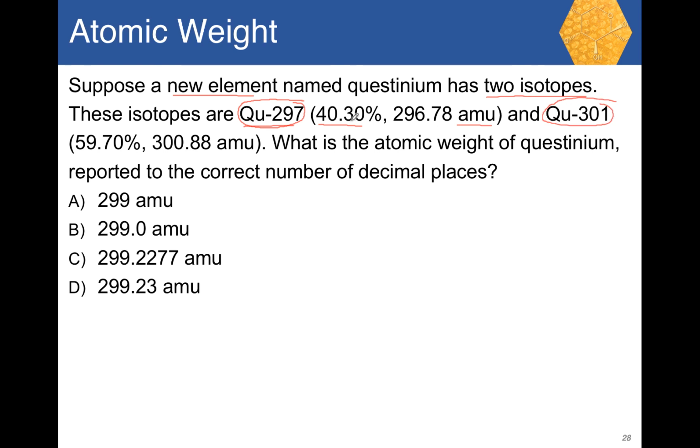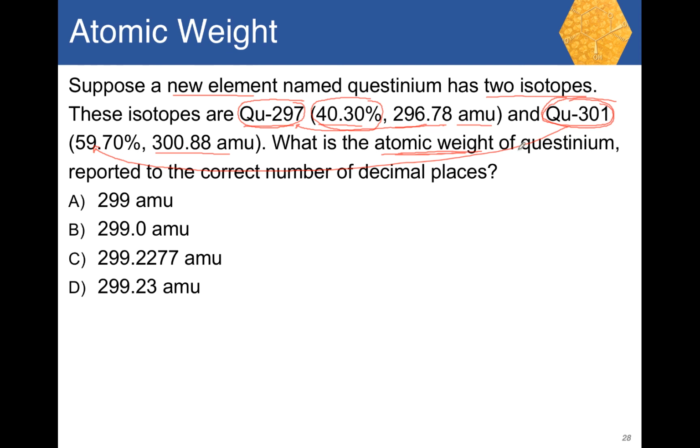The mass of this isotope is 296.78, and its natural abundance is 40.3%. The other isotope has a natural abundance of 59.7%, and its mass is 300.88. The question now is, what is the atomic weight of this new element?